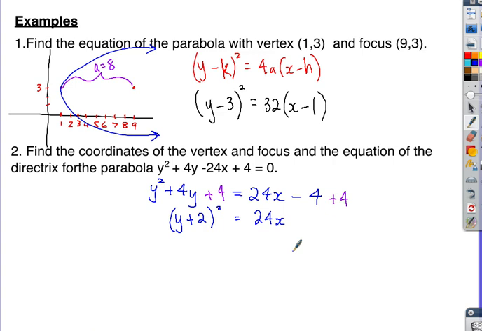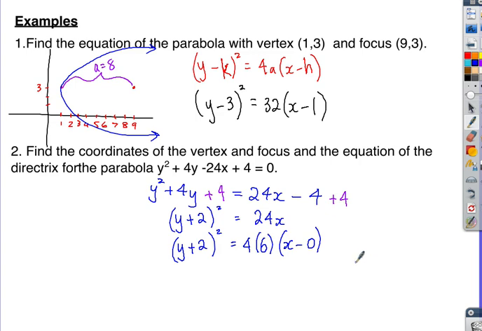H is 0. So we've got this 4a, and then we've got x minus, because it's a formula, it's minus. Now you can see 6, because 6 times 4 is 24.